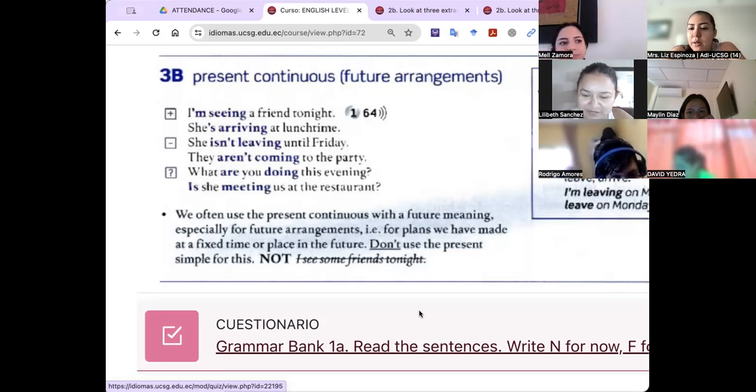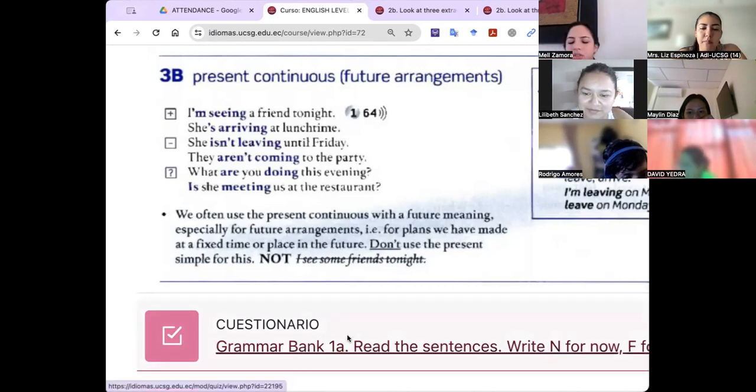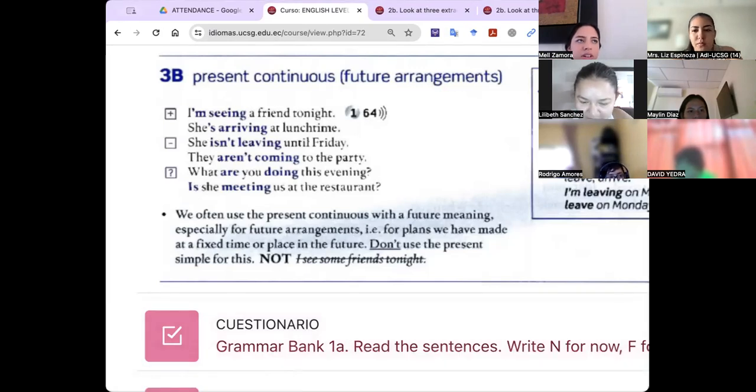Okay, so let me see. Hey, Christina, help me reading this bullet point. We often use the present continuous. Can you read the bullet point, Christina? Miss, which one should I read?